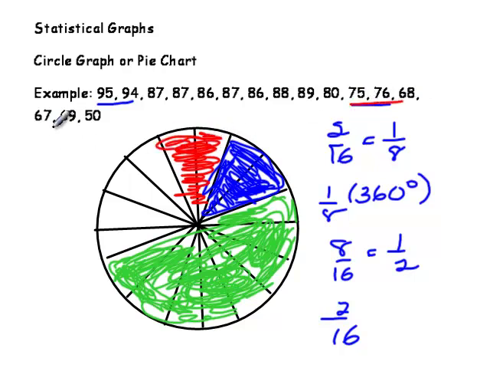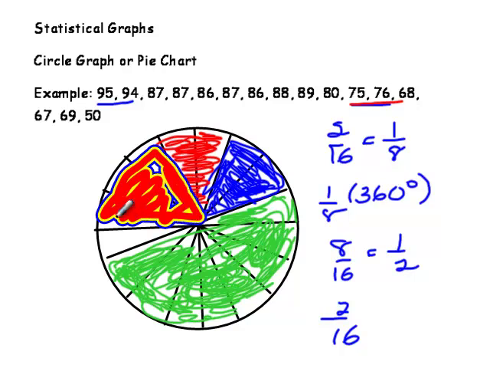We have 3 scores in the 60s, so 3/16 will be representing that. And last, those scores in the 50s. That's the way you make a pie diagram. And maybe yours is colored in a little better.